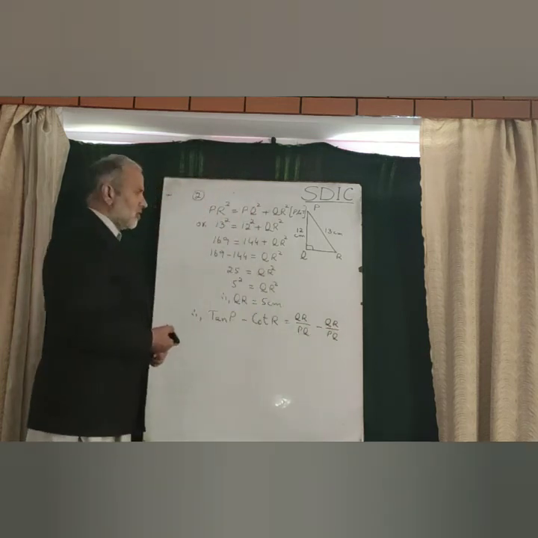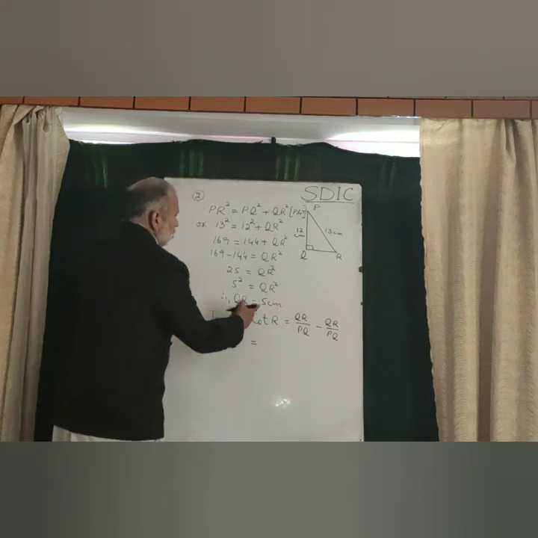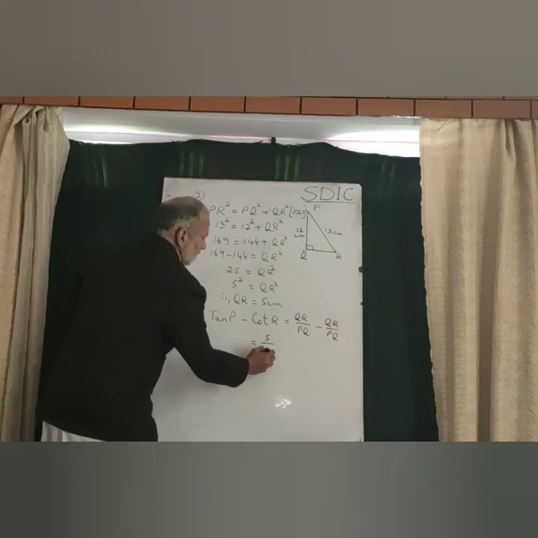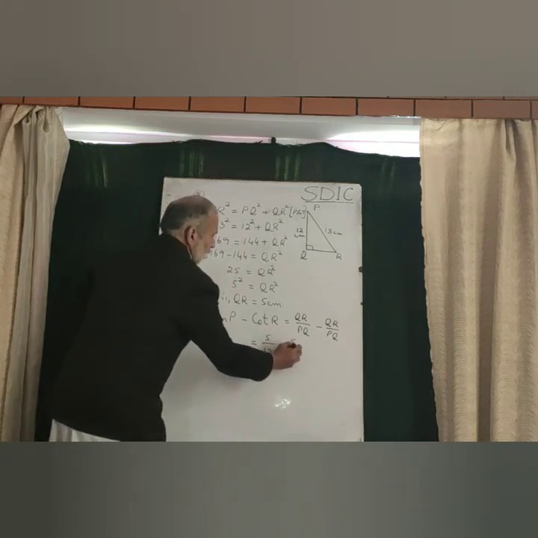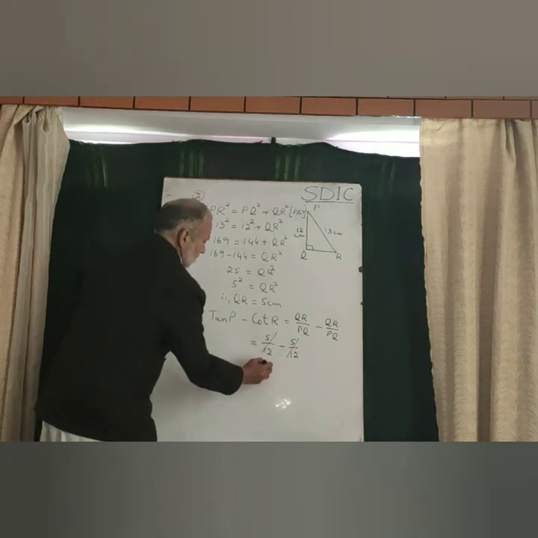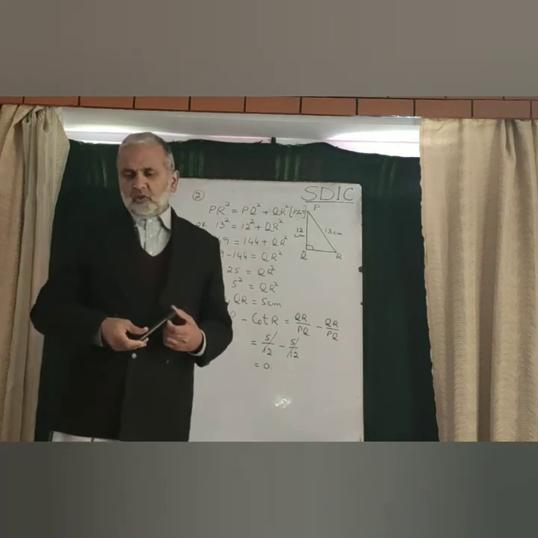Use their values. QR is 5 divided by PQ is 12, minus again 5 by 12. Both of these will cancel. The result is 0. That completes question number 2, and that will do for this day.